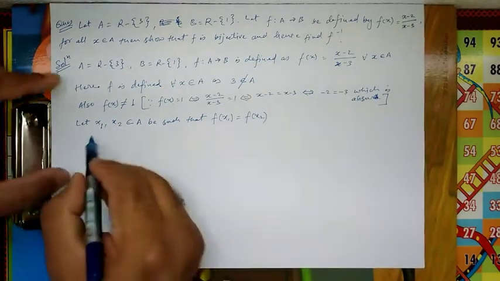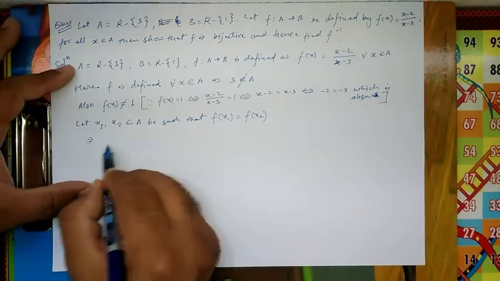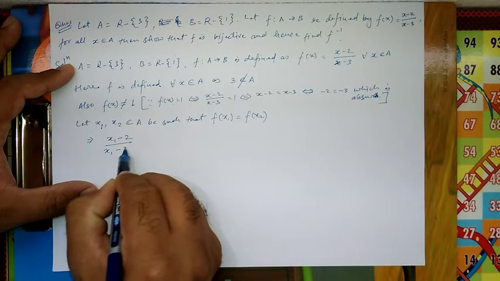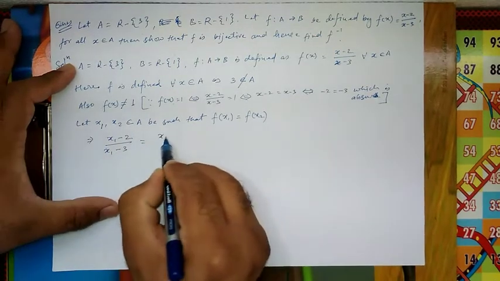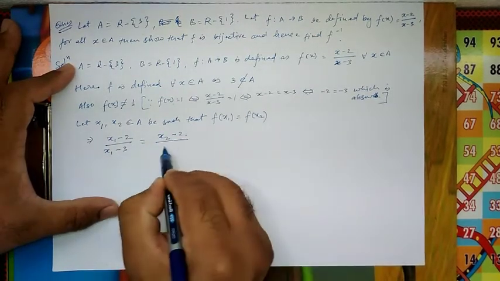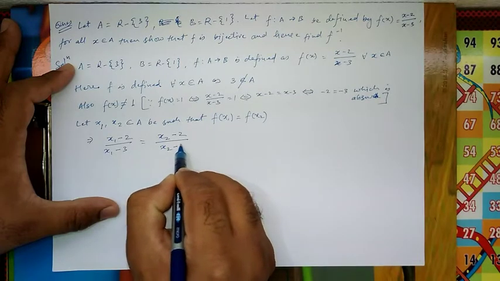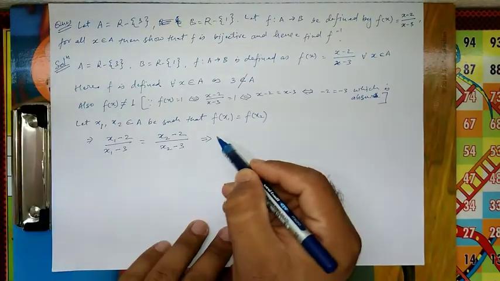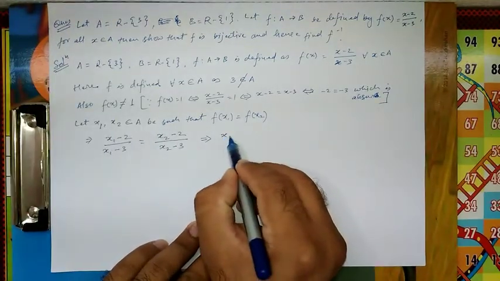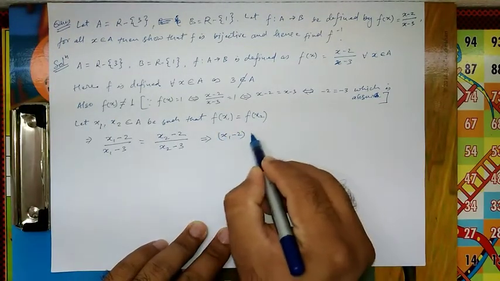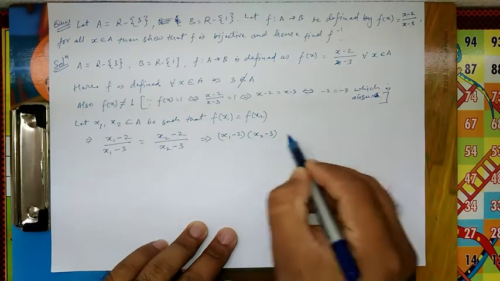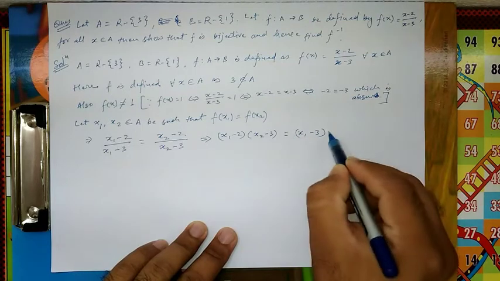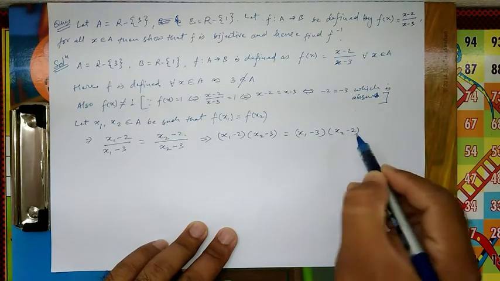That implies (x1 minus 2) divided by (x1 minus 3) is equal to (x2 minus 2) divided by (x2 minus 3). That implies (x1 minus 2)(x2 minus 3) is equal to (x1 minus 3)(x2 minus 2).